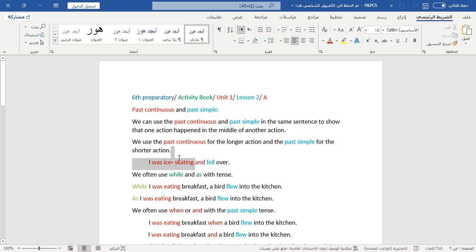The first part of the sentence, I was skating, is in the past continuous tense.